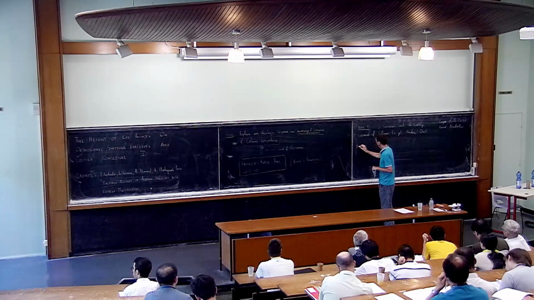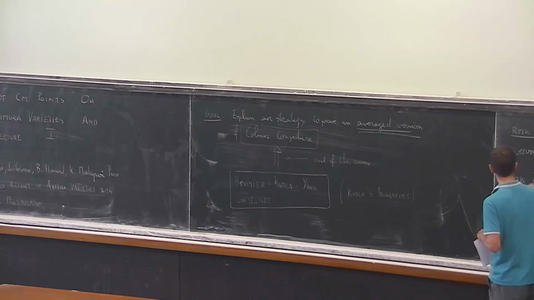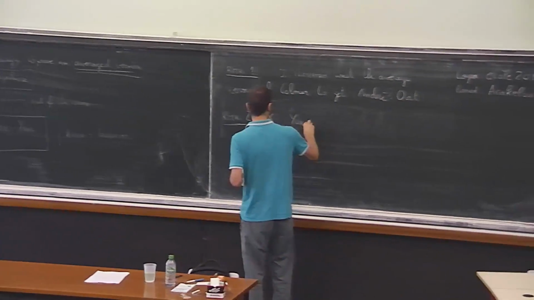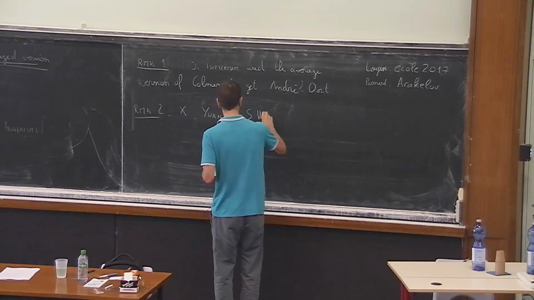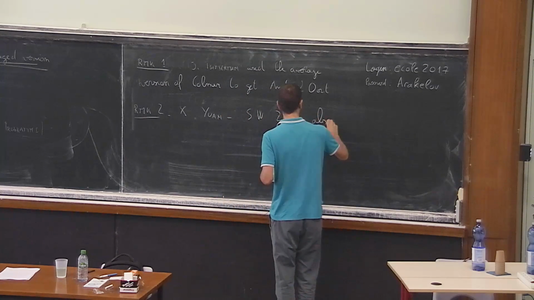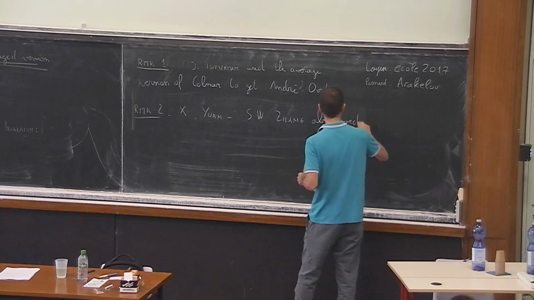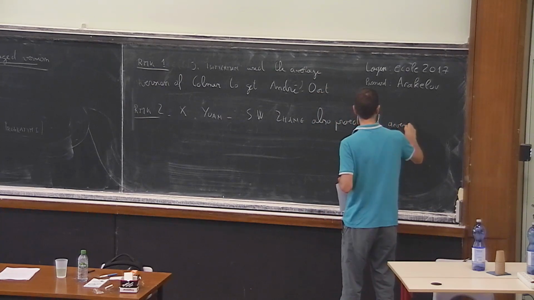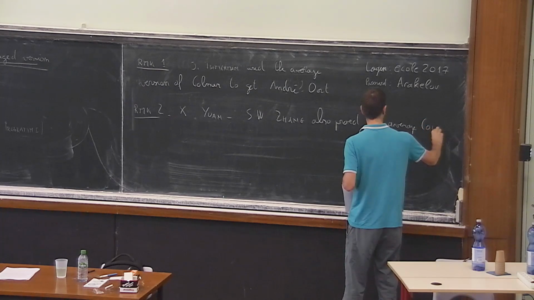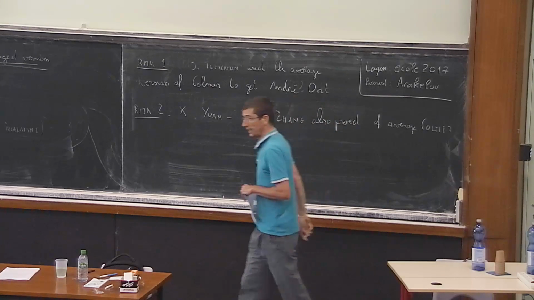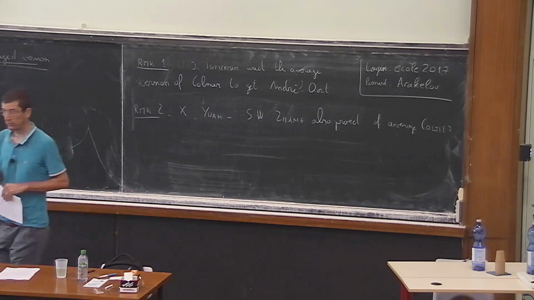And remark 2 is that there is in fact another proof, around the same time as ours, of the averaged Colmez by Yuan and Zhang, and maybe in the afternoon we'll hear something about that.